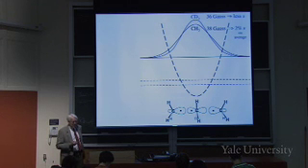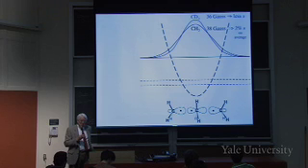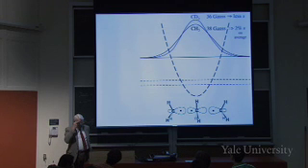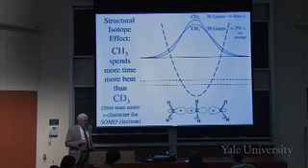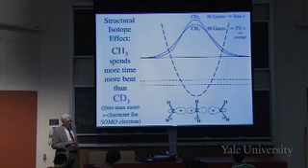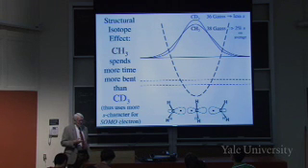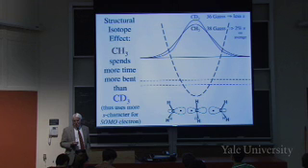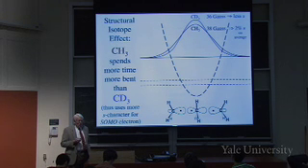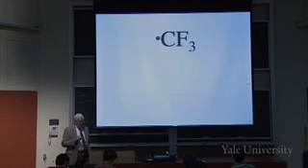There's what CD3 looks like. It's a little bit narrower and therefore a little bit less of this magnetic interaction. So this is a structural isotope effect. CH3 spends more time more bent than CD3, and thus uses more S character and thus gives a bigger magnetic interaction. Okay, so again, we've confirmed what we predicted.